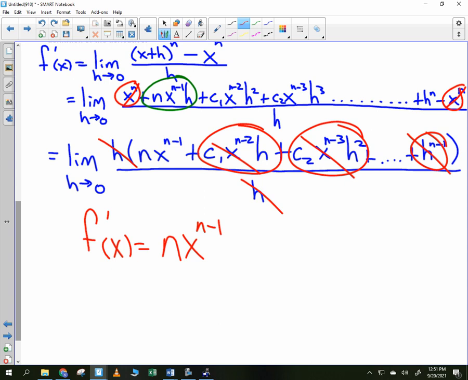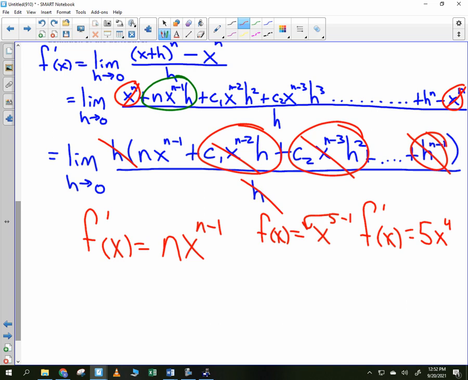So right now, some of you are saying, I don't even know what I just did. And I'll show you. Suppose our function is equal to x to the 5th. If you want to know the derivative, it is this simple. Watch. Take the exponent, drop it in front, and subtract 1 from the exponent. So you get 5x to the 4th.